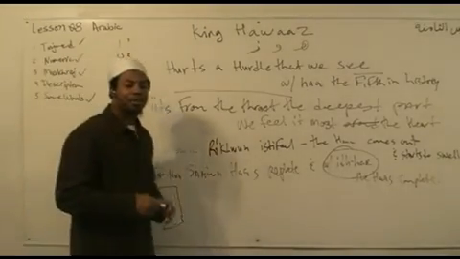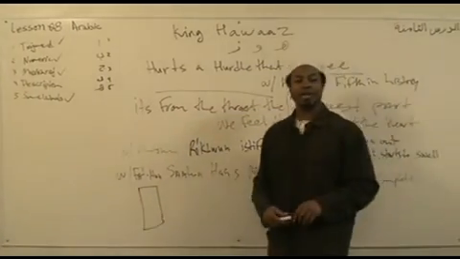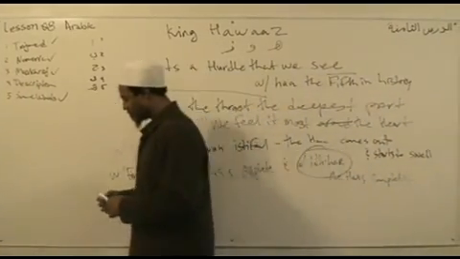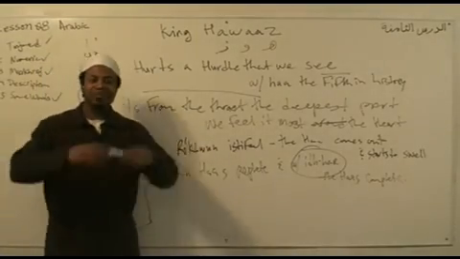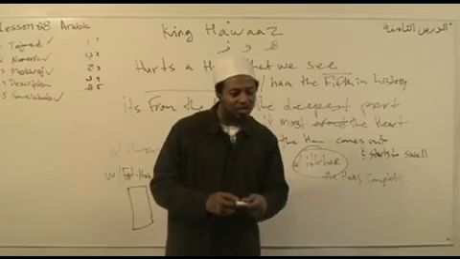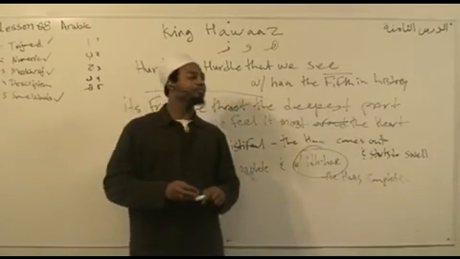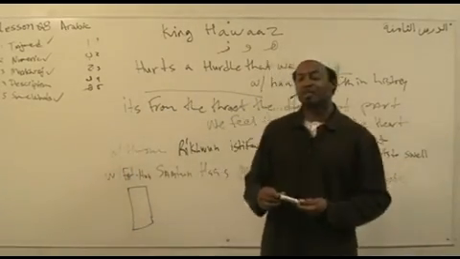Okay, where is the ha pronounced from? The deepest part of the throat. Where's the alif pronounced from? It's not the same place. Somewhere in the mouth, it's not clear, it's ambiguous, right? Because the makhraj is of two types. Where's the makhraj of the ba? The two lips.